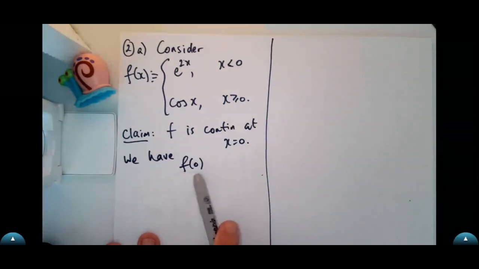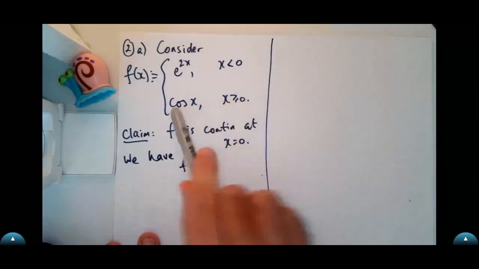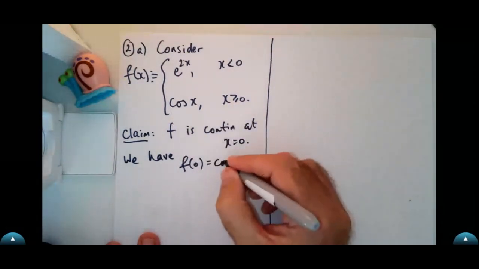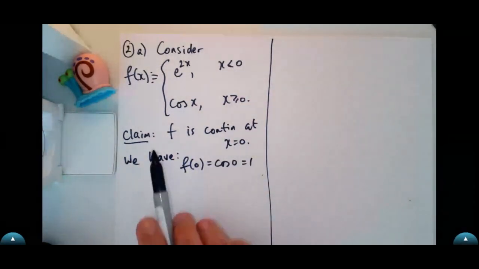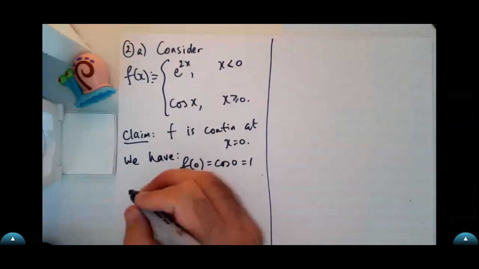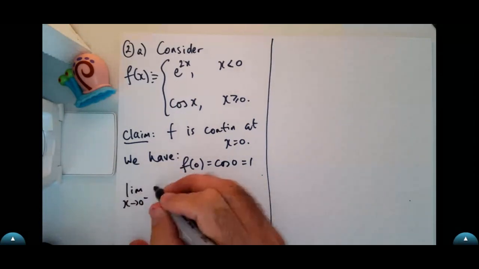What is the value of f of 0? Well, when x equals 0, we're here, right? So it's the cosine function, which is 1. And let's take the left-hand limit and the right-hand limit as x approaches 0.